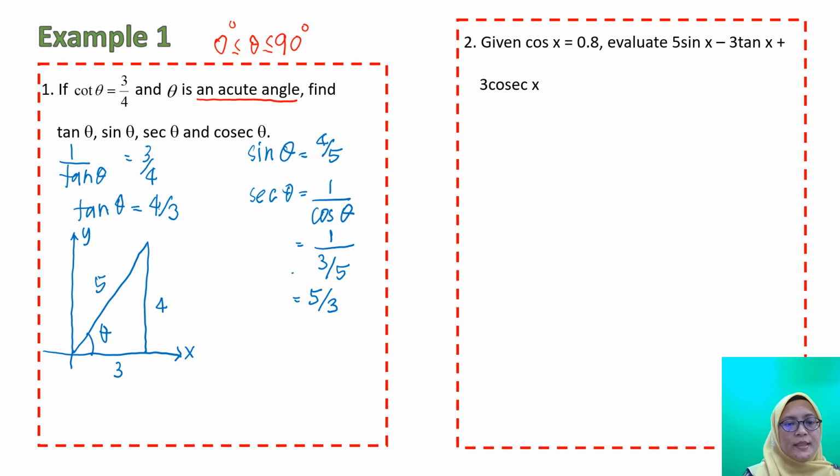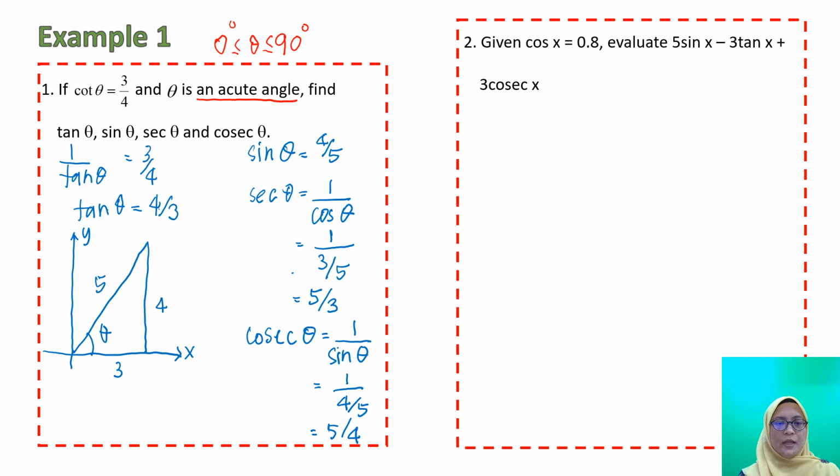Then the last one is cosecant theta, which is 1 over sin theta. We already have the value for sin theta, 1 over 4/5. Interchanging the value, we get cosecant is 5/4. So that is the value for example 1.